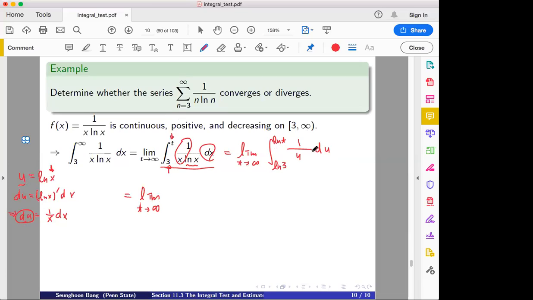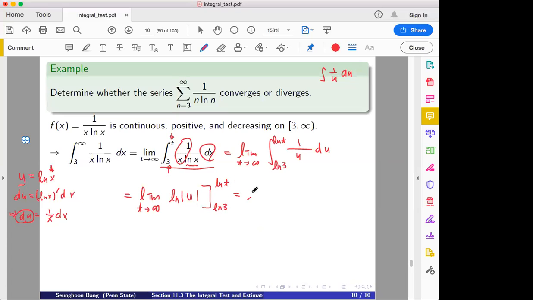Do you know what the integral of 1 over u is? Yes, ln of the absolute value of u. This is ln of the absolute value of u from ln of 3 to ln of t.